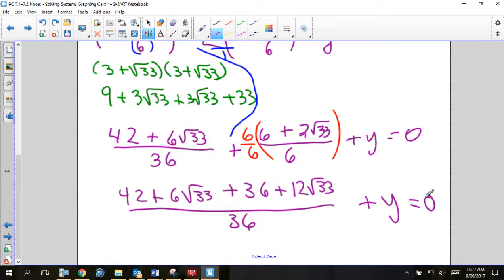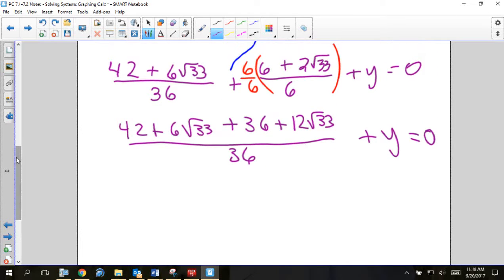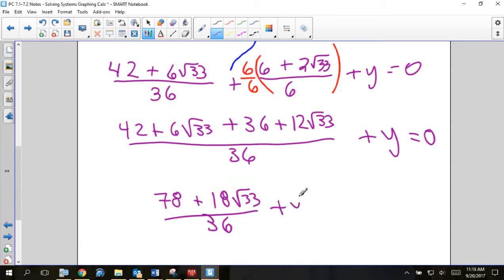Because in order to add these fractions together, they have to have a common denominator. So we made this one 36. All right, so now in the numerator, I can combine like terms. 42 plus 36 is 78. Plus, and then our 6 radical 33 and our 12 radical 33 is 18 radical 33 over 36 plus y equals 0.